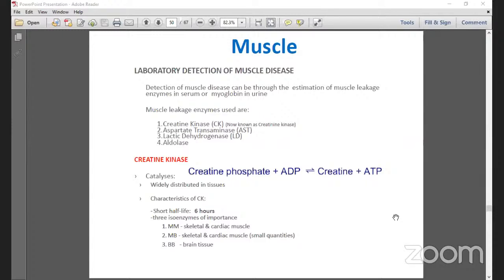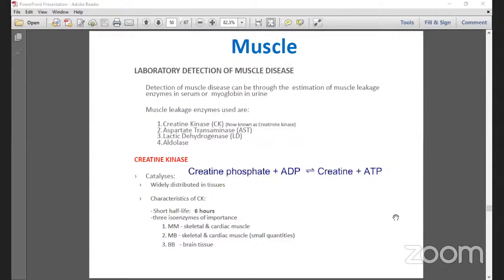Creatine kinase is present in the cytoplasm of the myocyte. So when there is muscle degeneration or muscle necrosis, this enzyme will be released and enter the circulation. Creatine kinase, or CK, is a very sensitive muscle enzyme, so it can be used for detection of muscle disease.